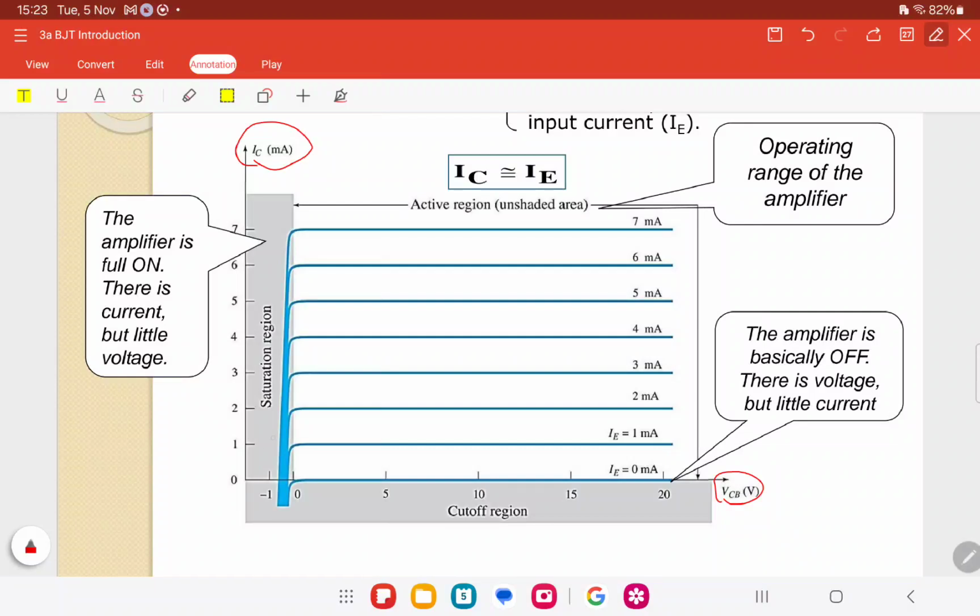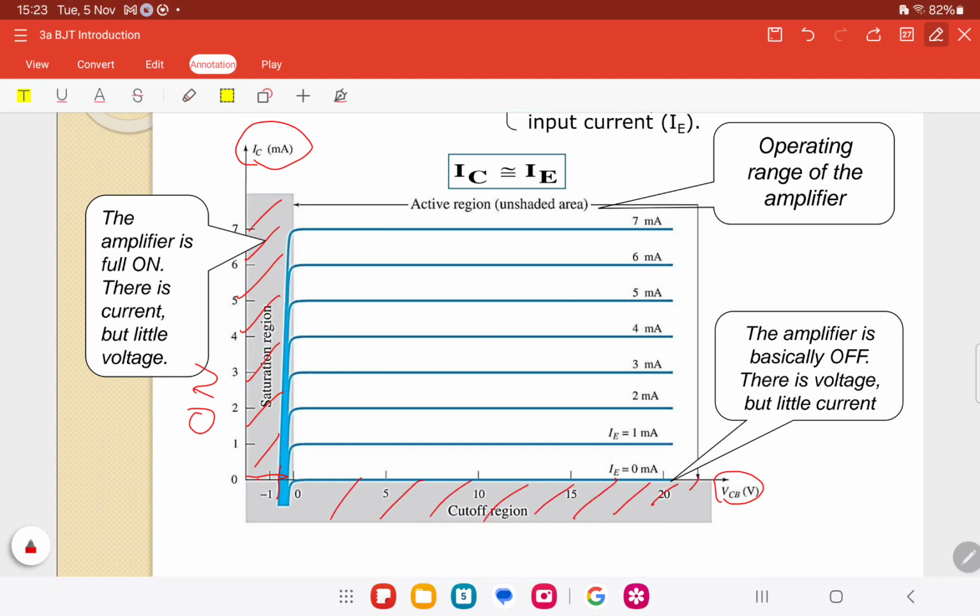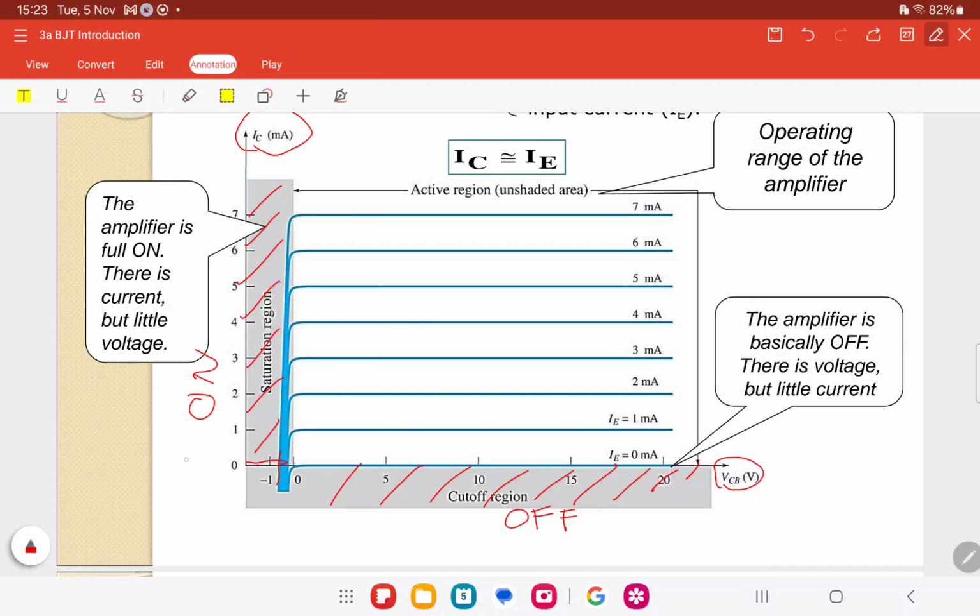Okay, this one we call the saturation region, on condition, where it is rising. Okay, for these positions. And the bottom one is the cut off region, off condition. Okay, and for the on condition, this one at saturation, what is the value for VCE?